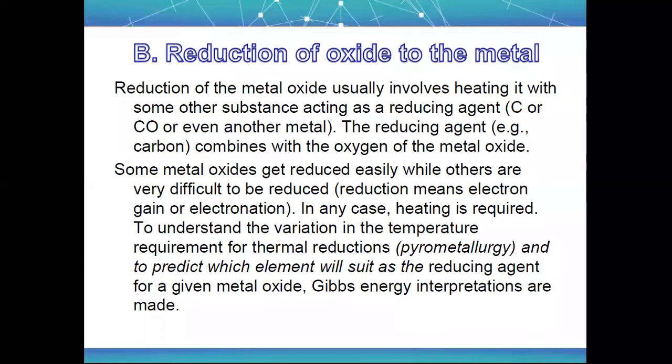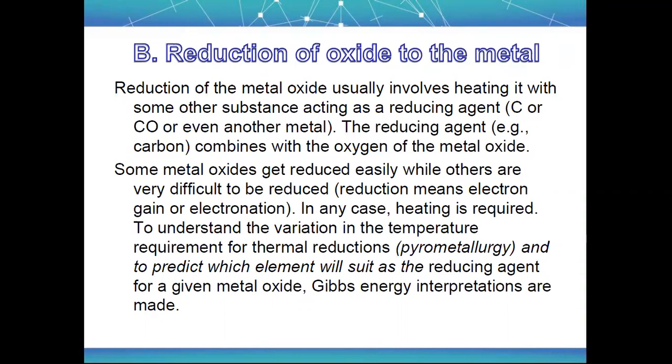Next is reduction of oxide to metal. Reduction of metal oxide usually involves heating it with some other substance acting as a reducing agent. So when we heat the metal oxides in the presence of a reducing agent, for reduction we require a reducing agent, and that can be carbon, carbon monoxide, or some other metals.